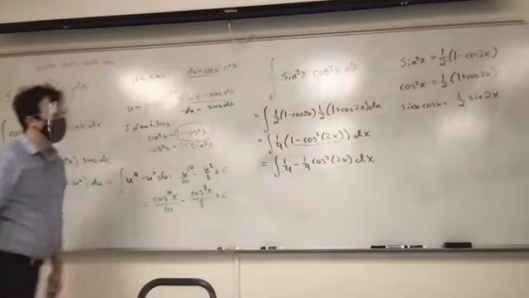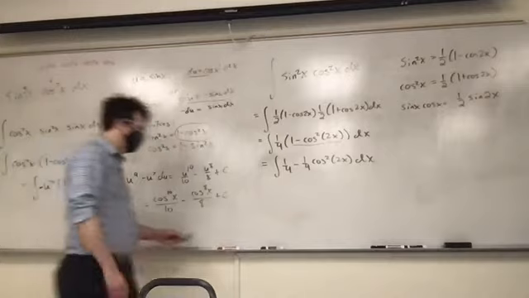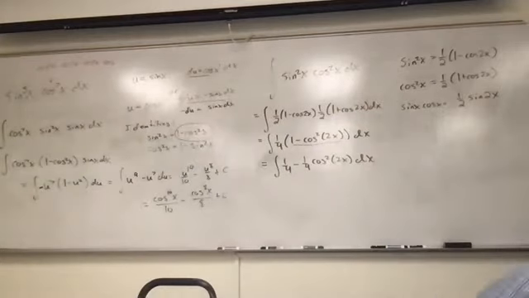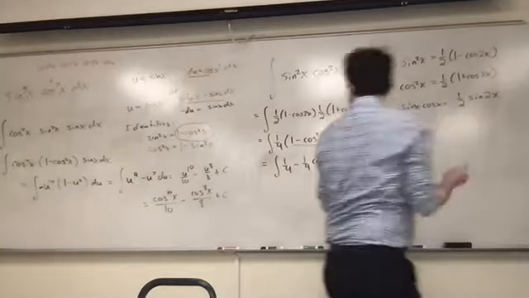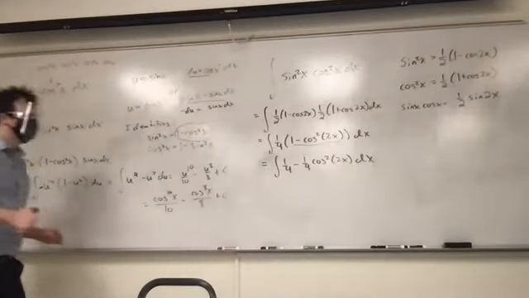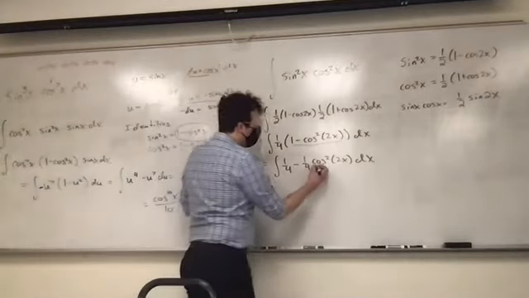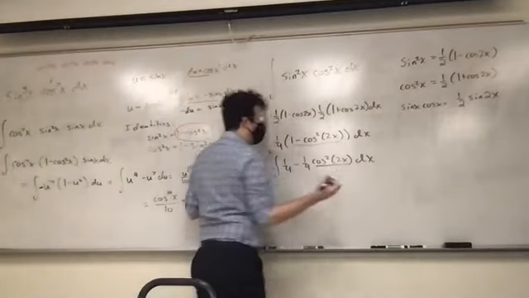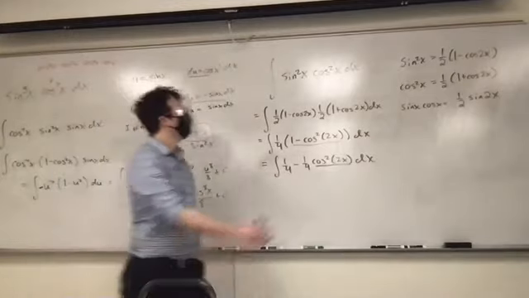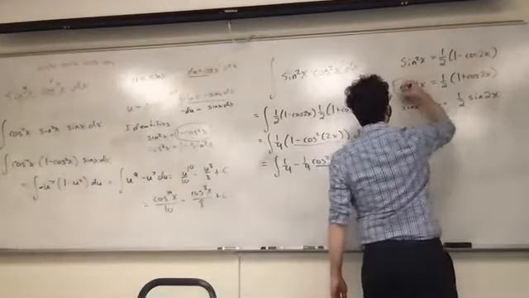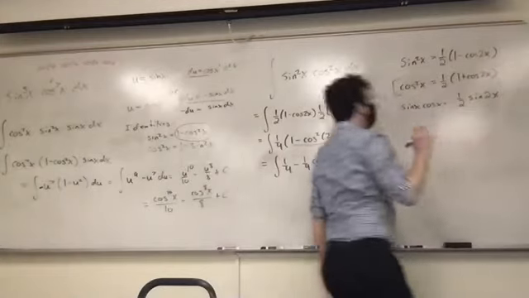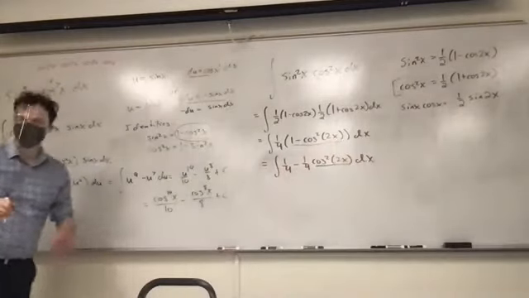The other thing that we want to notice here, the exit strategy here, is we look at this and say, okay, we have cosine squared of 2x. And this identity tells us what to do with cosine squareds.